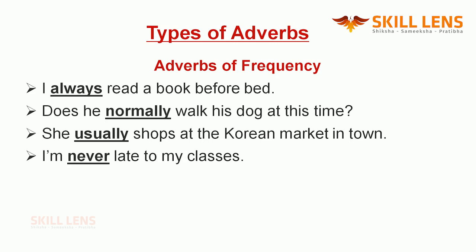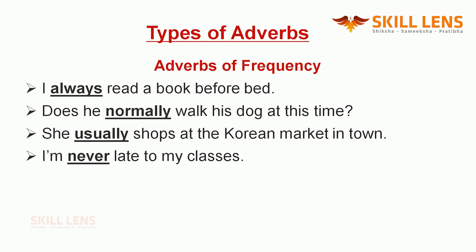This is also a testing question in various aspects of competitive exams. You can connect this with para-jumble questions or jumbled sentences. In jumbled sentences, there may be instances where they have given you a jumbled sentence and the usage of adverbs of frequency is often tested.